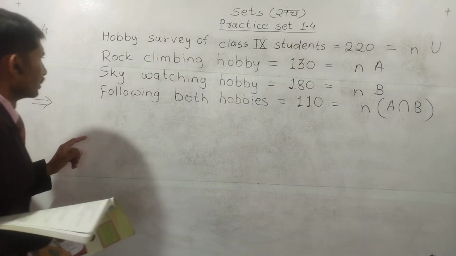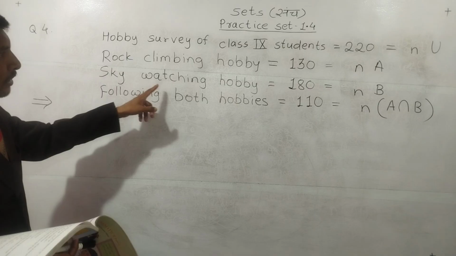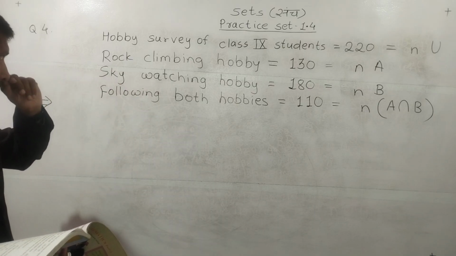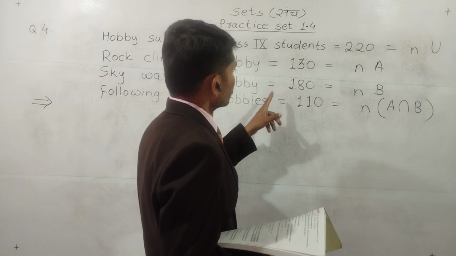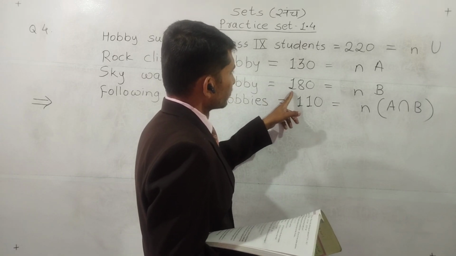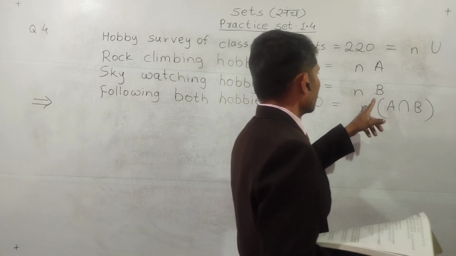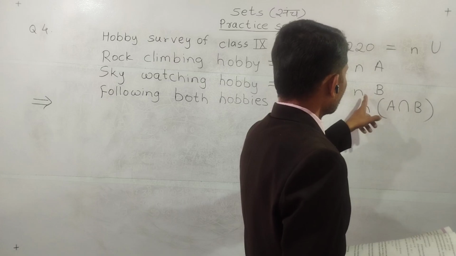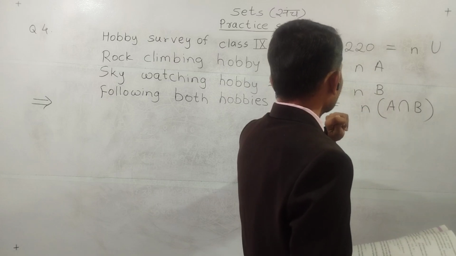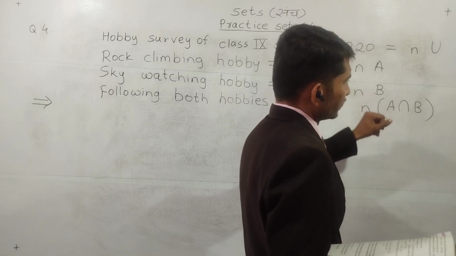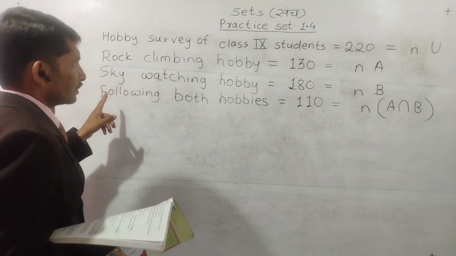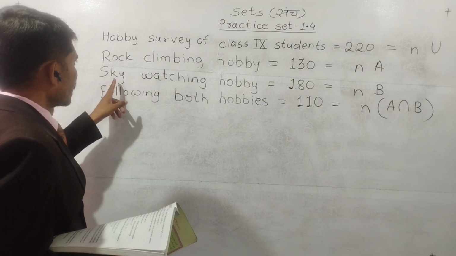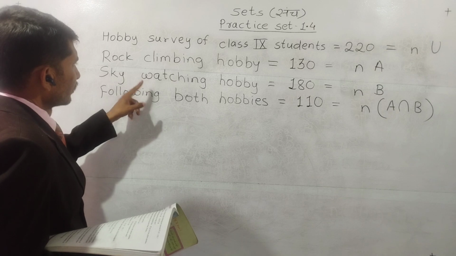Okay. Now, we will assume sky watching hobby. The students having a hobby of sky watching, that type of students are 180, which is the number of elements in set B. The set B represents the students who have the hobby of sky watching.